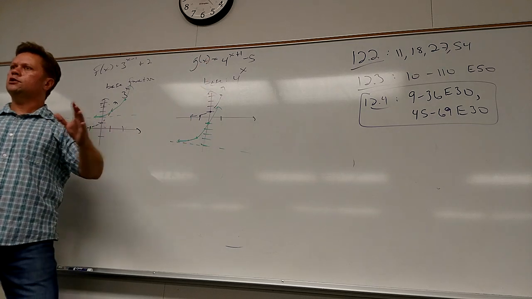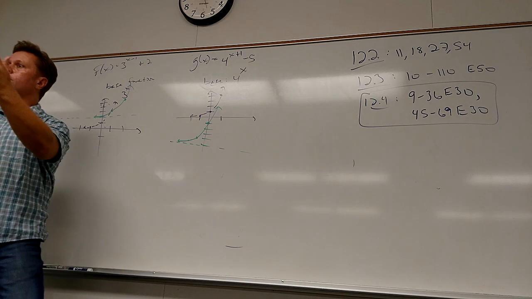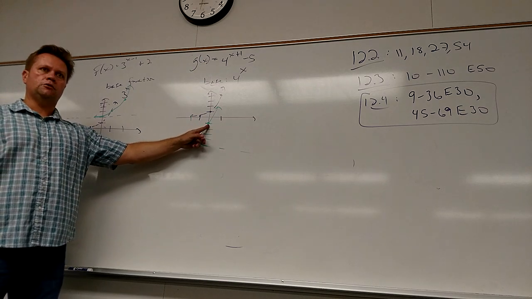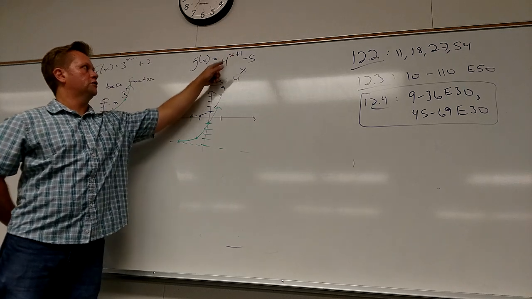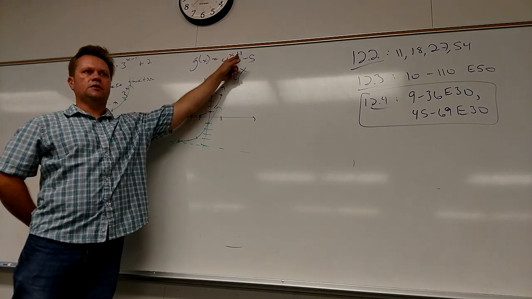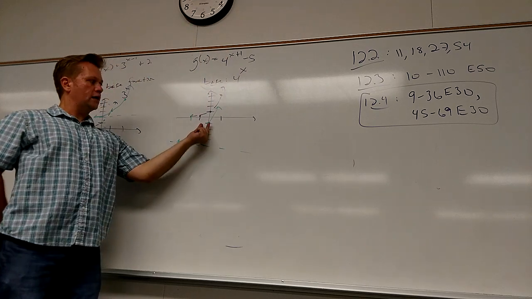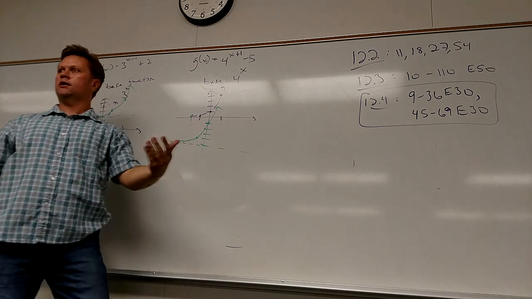So how do you always check a graphical answer to something? You plug points in and make sure they work, right? So this goes through the point 0, -1. So if I put a 0 in, what do I get? 4 to the 0 plus 1 is 4 to the first is 4, minus 5, -1. Hey, that's exactly what I thought it should be. Fantastic. That's how I can check it.